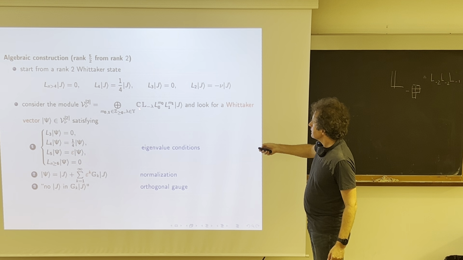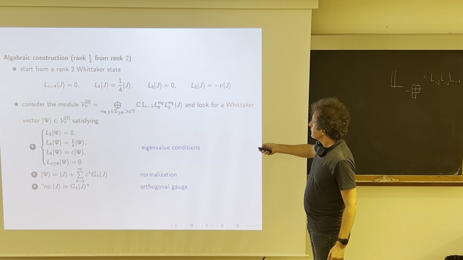Now let us consider the module induced from this Whittaker state. We are going to look for a Whittaker vector inside this module, which satisfies the same three conditions that I had before: this is the eigenvalue condition, and this is the normalization and fixing the ambiguity. In the eigenvalue condition, you have to notice the following.